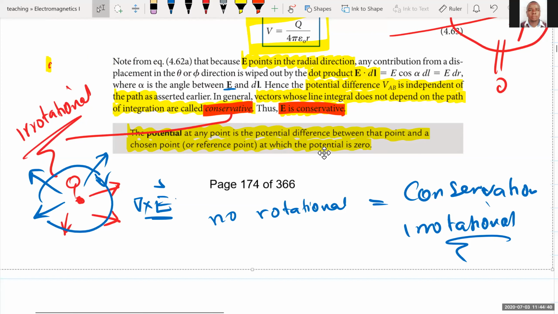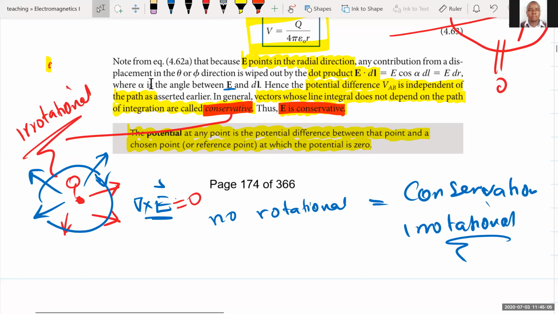And we have said that such a vector is called a conservative vector, which is also called irrotational. Since we defined irrotational as one that has no rotating component, the curl of E will actually be zero. So we have concluded that E is conservative.